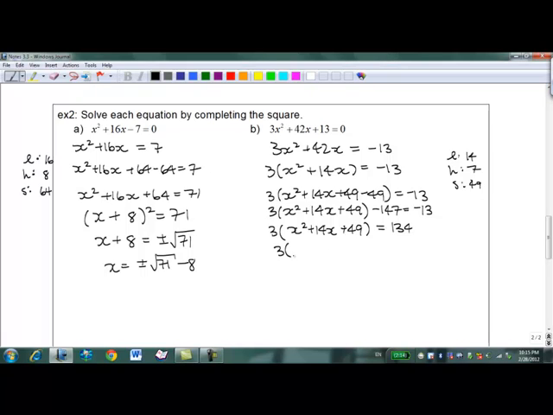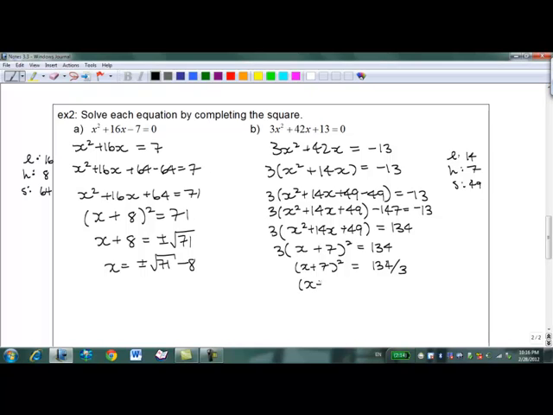Our perfect square here again is that half term, so x plus 7 all squared equals 134. And now we can isolate for x by dividing by 3. 134 divided by 3 doesn't really reduce that well, so let's just leave it like that.